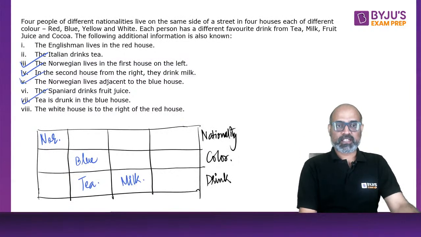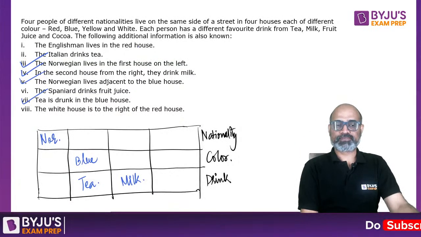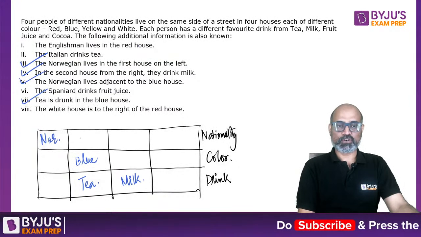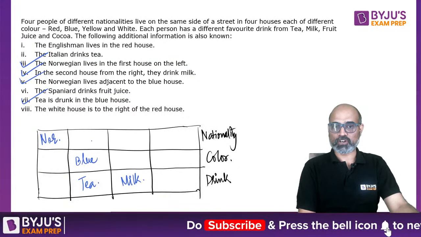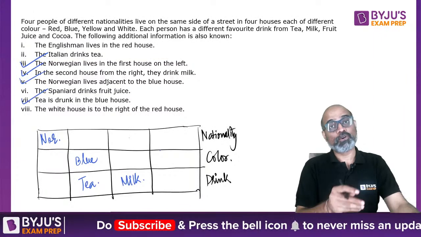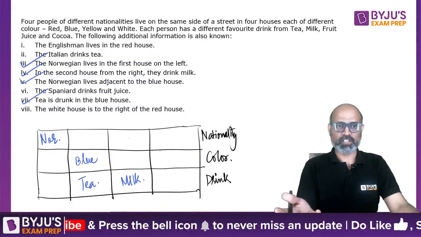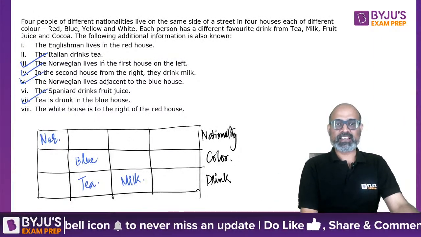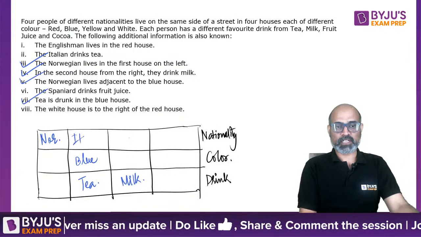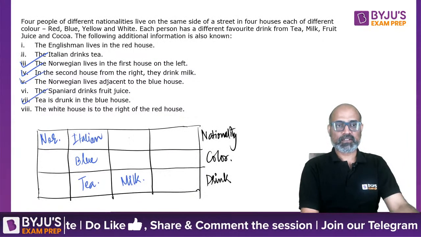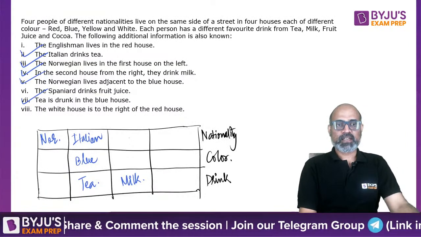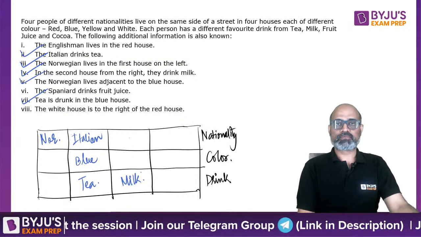Restart. The Englishman lives in the red house. Okay, so we know that this second one is not the Englishman, maybe the third and the fourth from the left may be Englishman. Still no idea. The Italian drinks tea. So we come to know that this guy is Italian. Done with second. The Spaniard drinks fruit juice.